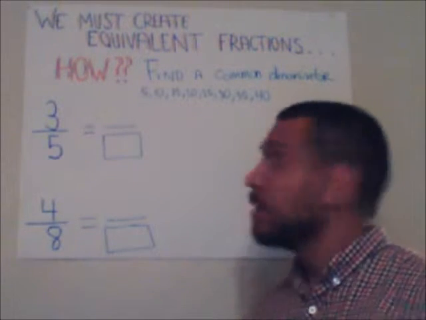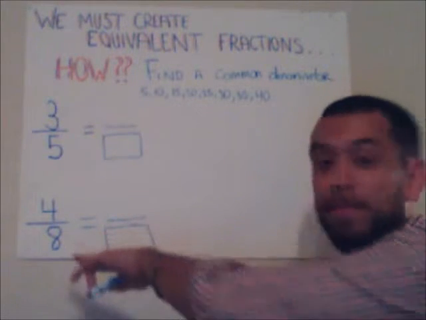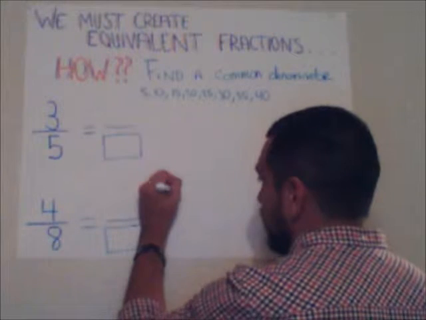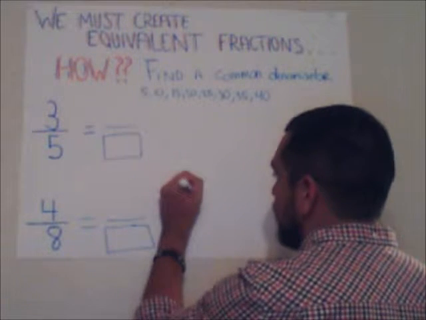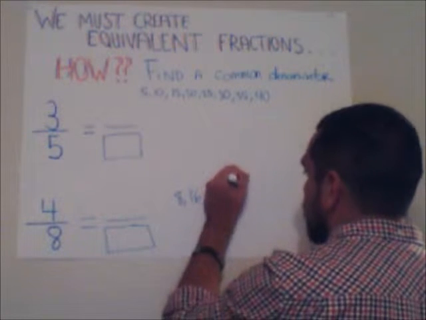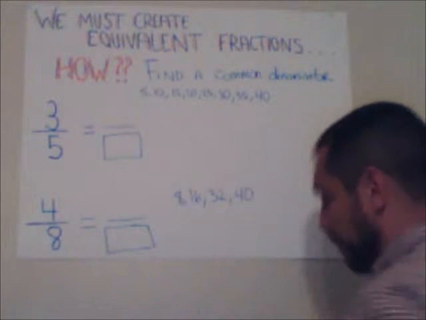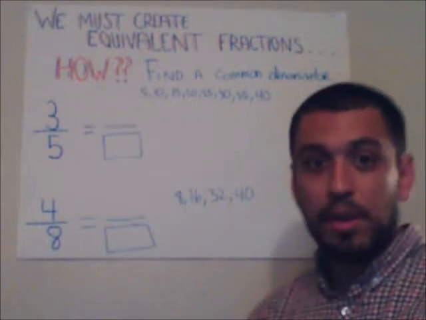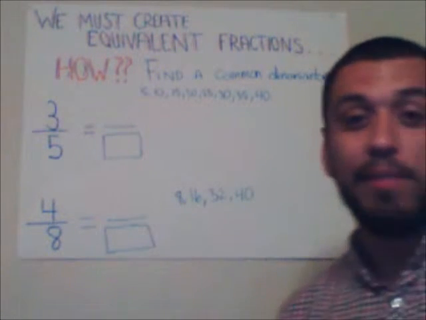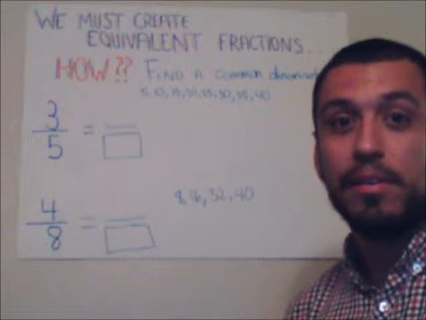Okay. Next we'll do 8. So we have 8, 16, 32, and 40. Now we go through our list, we scan them, and we see if there's a common number.